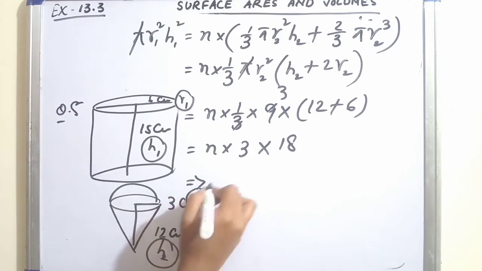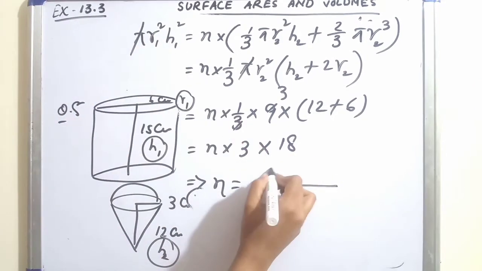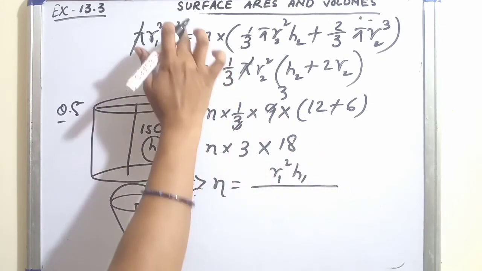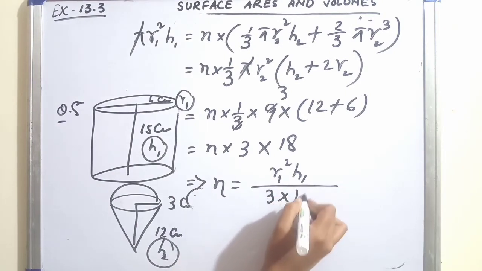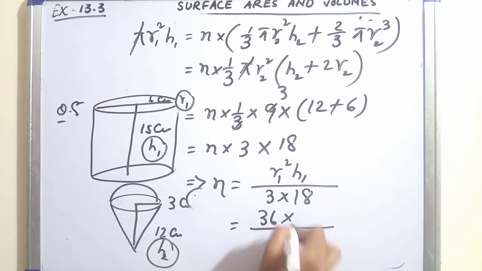So this implies n is equal to r1 square h1 by 3 into 18. r1 square means r1 is 6, that means 36 into h1, that means 15 by 3 into 18.